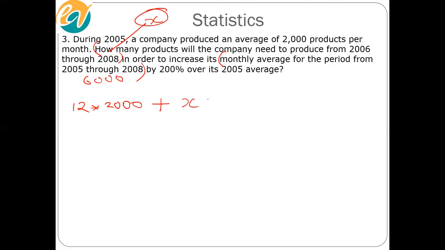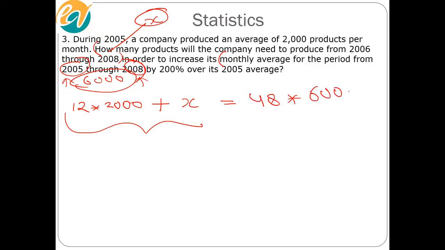We assume that as X. And the total has to be an average of 6,000 over 4 years. 4 years means between 2005 and 2008, which means 48 months. And the average has to be 6,000 per month, and you just have to find out the value of X.